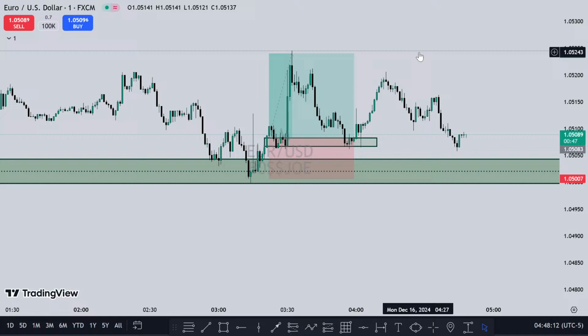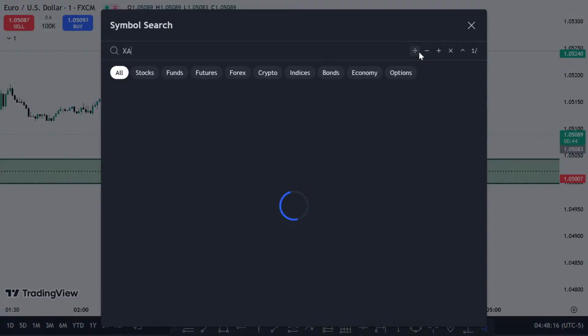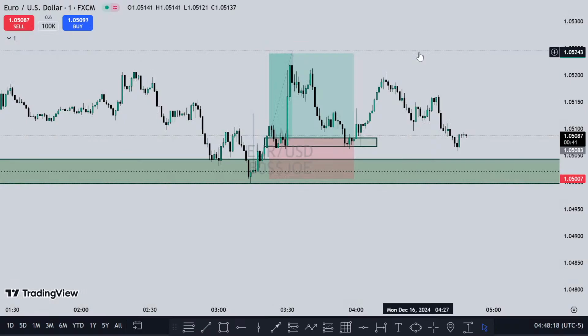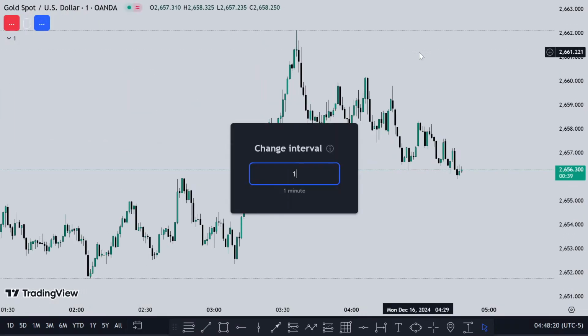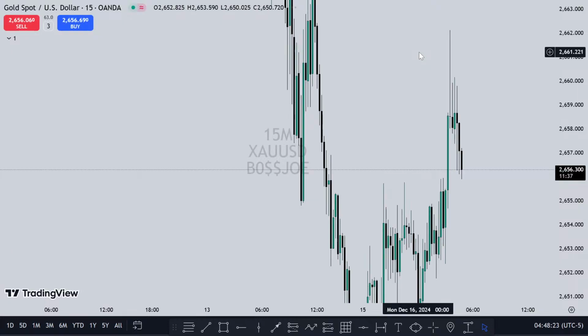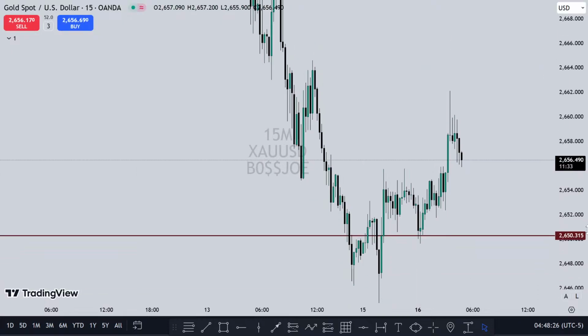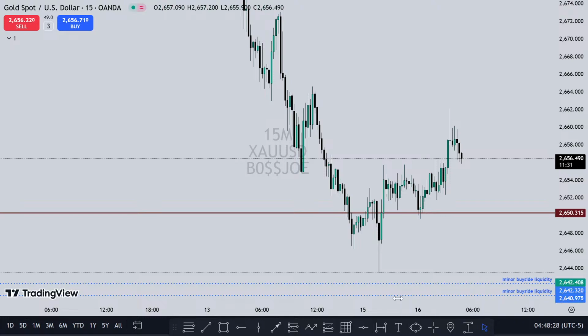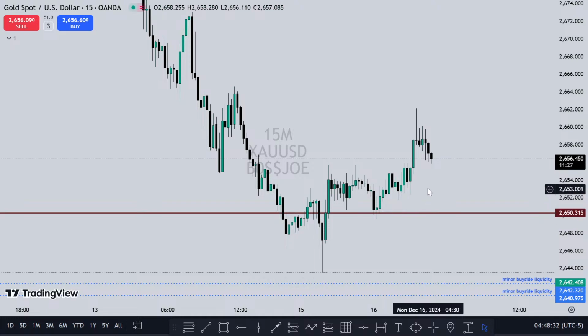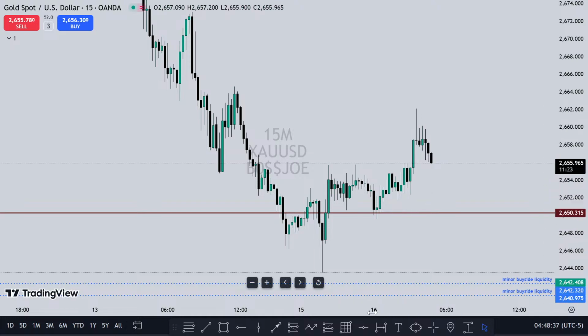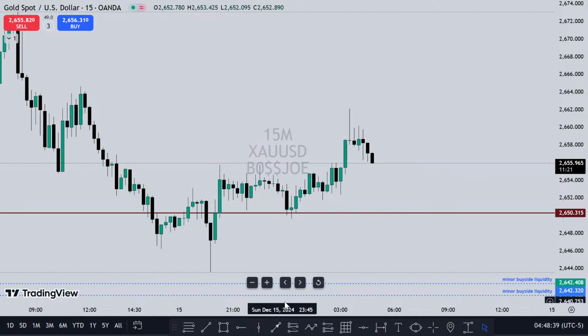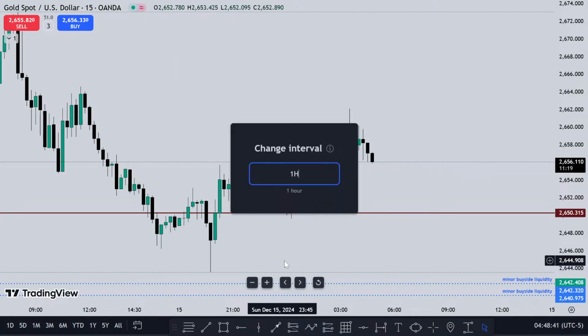I wanted to check gold on the 15 minutes time frame. You notice these rejections. Okay, get over to the 1 hour time frame.